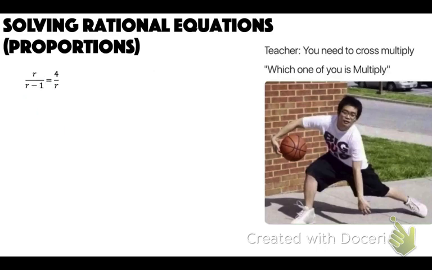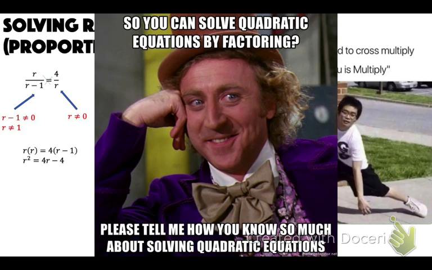Okay. This one. So first restrictions: r can't equal 1 and r can't equal 0. Then we're going to cross multiply this. We end up with r times r equals 4 times r minus 1. So that's r squared equals 4r minus 4. You have to solve this by factoring.